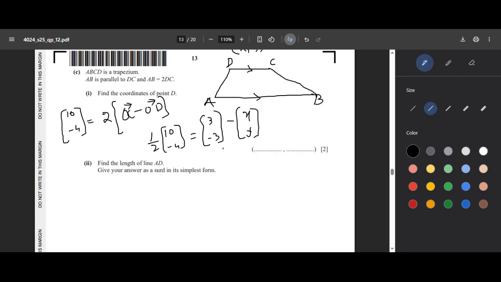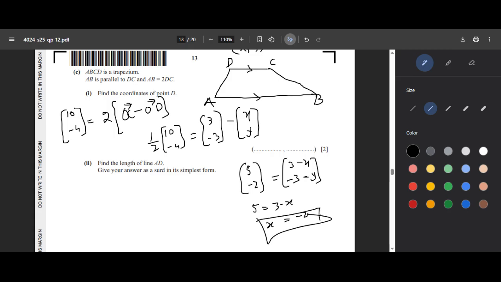So now this will be cancelled out. You will get 5 and -2, as 1 by 2 will multiply with both: 1 by 2 multiplied by 10, 1 by 2 multiplied by -4. You will get 5 and -2 is equal to 3 minus X and -3 minus Y. So 5 is equal to 3 minus x, and x is equal to minus 2.